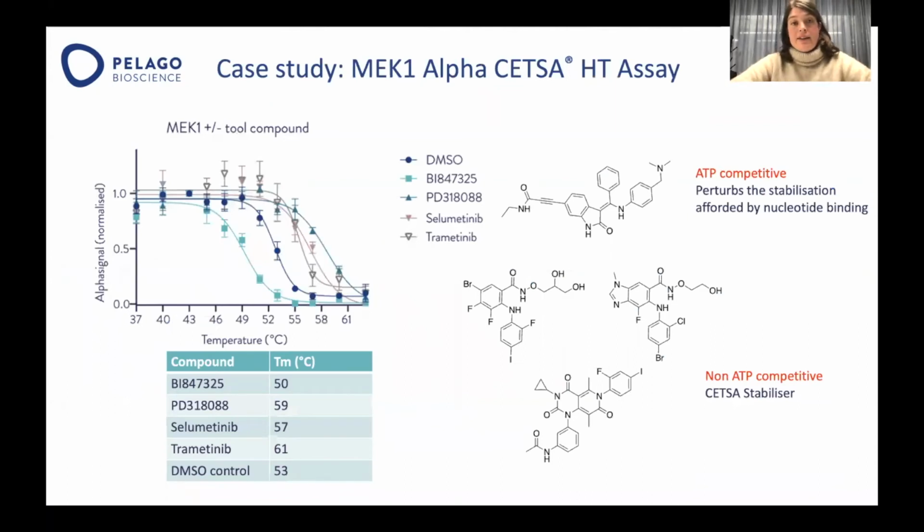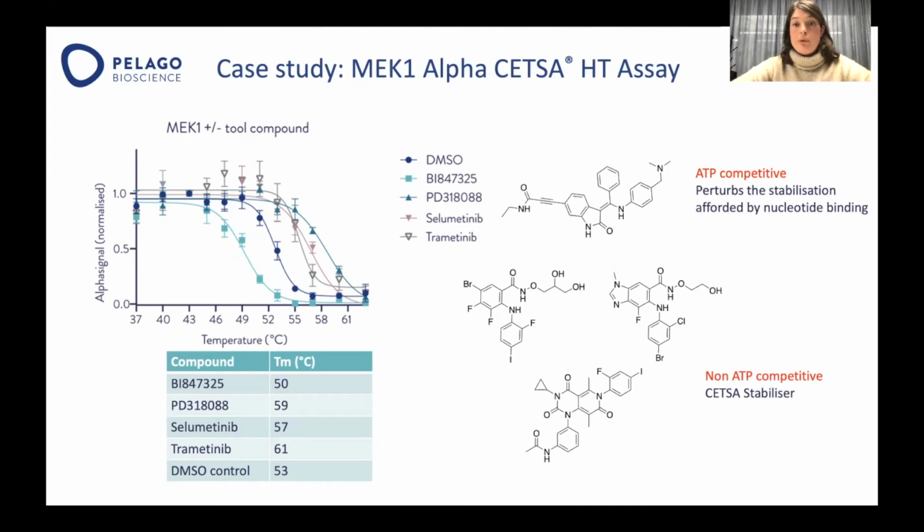Secondly, I will talk a little bit more about the case study we did last year at Pelago on MEC1. This is an alpha CETSA HD assay where we have profiled a number of MEC1 reference compounds.